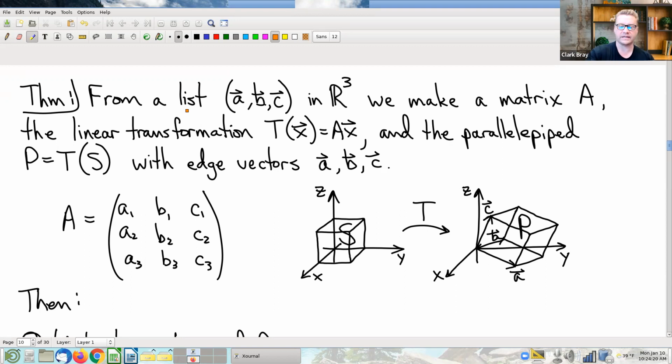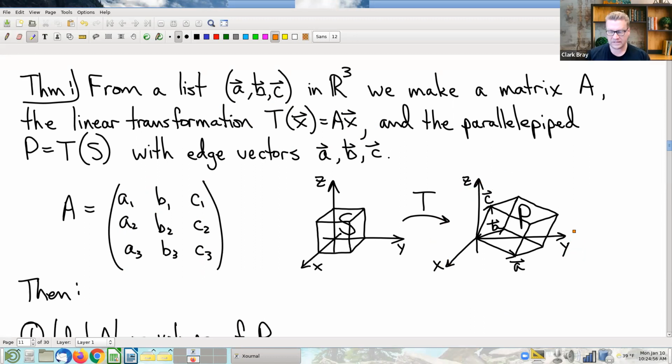And so if you have, again, a list, but now a list of 3 vectors in R3, then, well, again, you can make a matrix by making those vectors the columns, right? Whatever the order of the list is, that's the order in the columns. You can, of course, given any matrix, make a function, which is, of course, linear, thus a linear transformation. And of course, then you can also take those vectors and make a box, a parallelepiped.